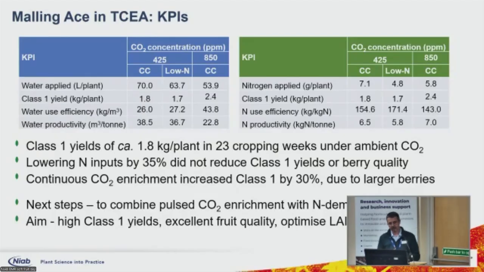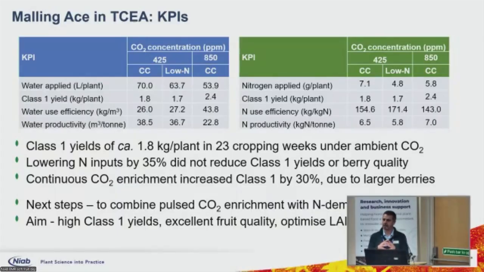But as I mentioned at the beginning, what we want to do is combine CO2 enrichment with nitrogen demand. The idea here is that we'll apply the nitrogen demand model to try to limit canopy size, but rather than enriching with CO2 continuously, we want to pulse CO2 at a time when we know the photosynthetic capacity is at its most optimum.